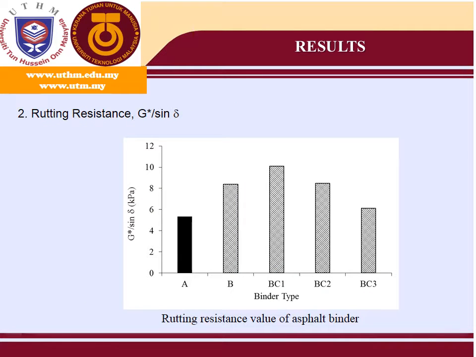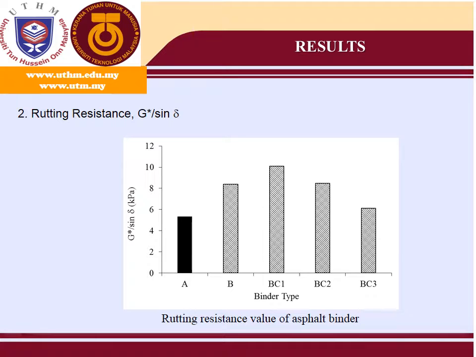Second parameter is G star over sin delta or rutting resistance. The rutting resistance of modified binder is higher compared to the base binder A. The addition of warm asphalt additive was found to reduce the rutting resistance. At 1%, the rutting resistance is reported as 10.09 kPa.